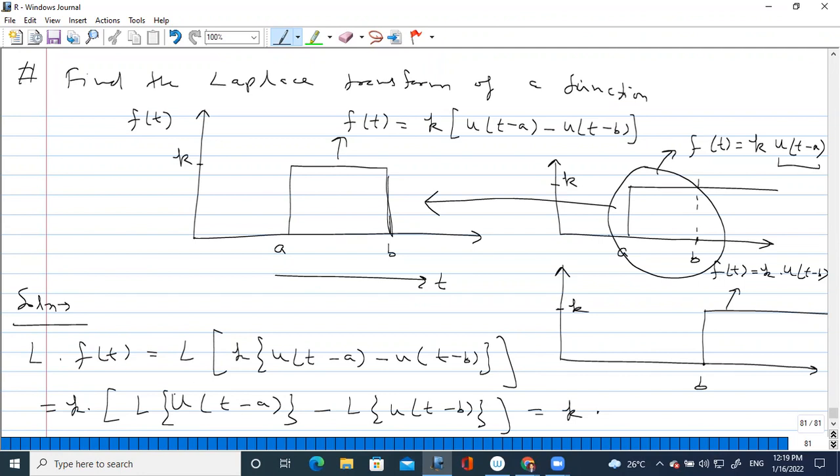K into Laplace of u(t minus a) was e to the power minus as divided by s, and minus e to the power minus bs divided by s.